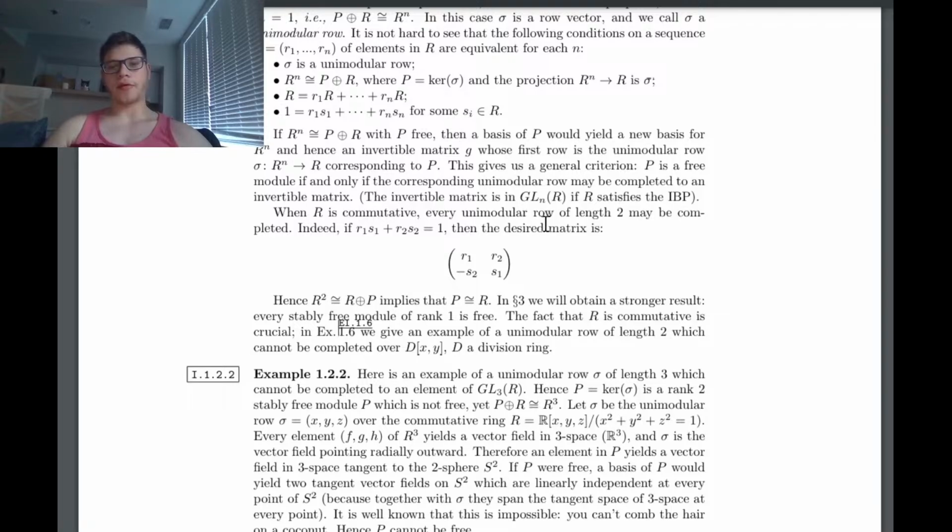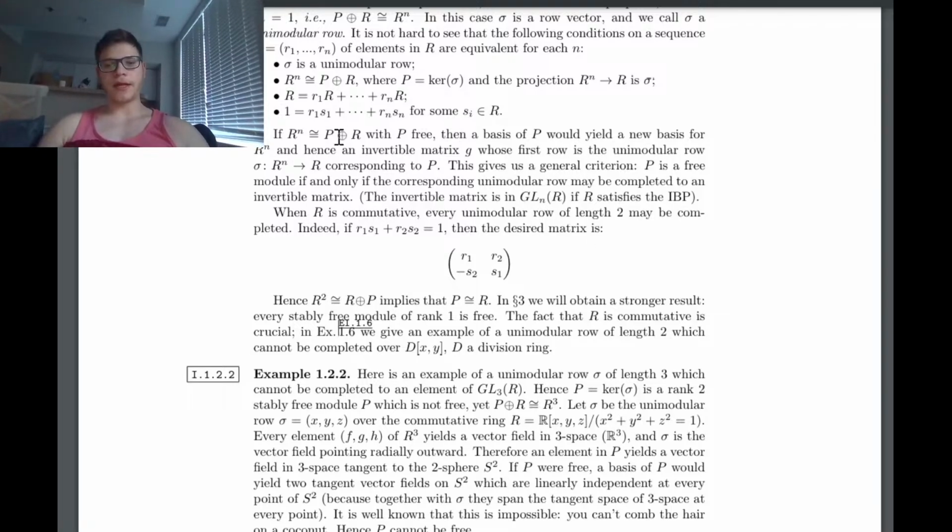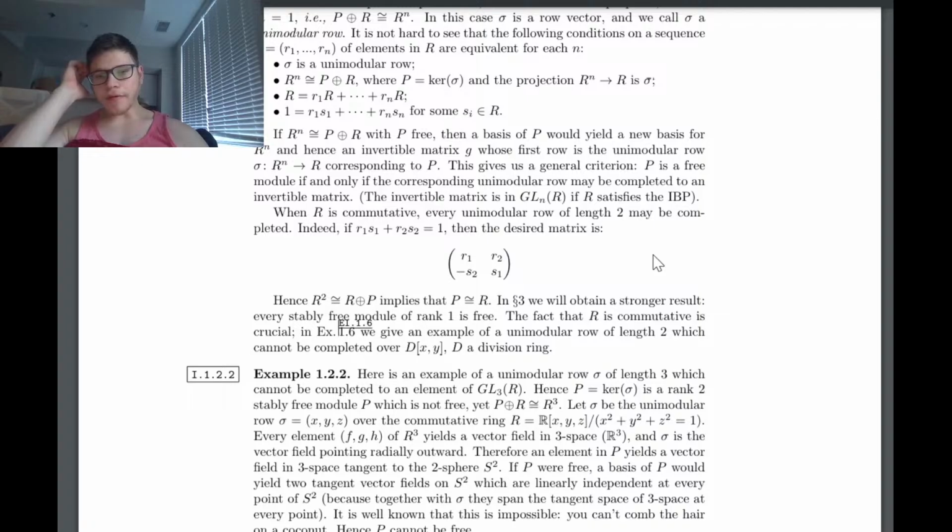So if you can complete it, then P is free. The invertible matrix is in GL_n(R) if R satisfies the IBP. Not sure why it needs to satisfy IBP here. GL_n means invertible matrices, I guess.